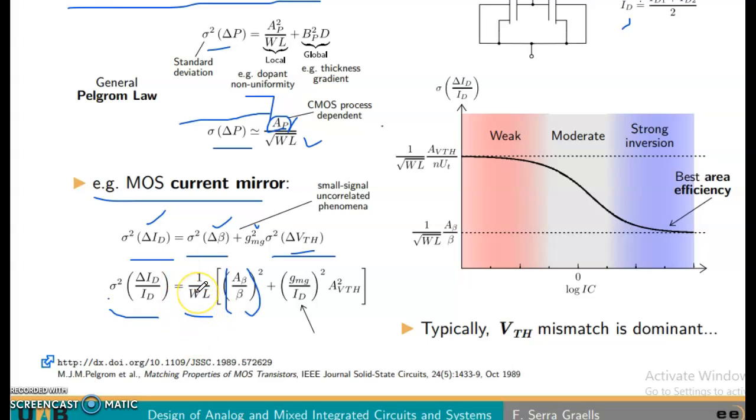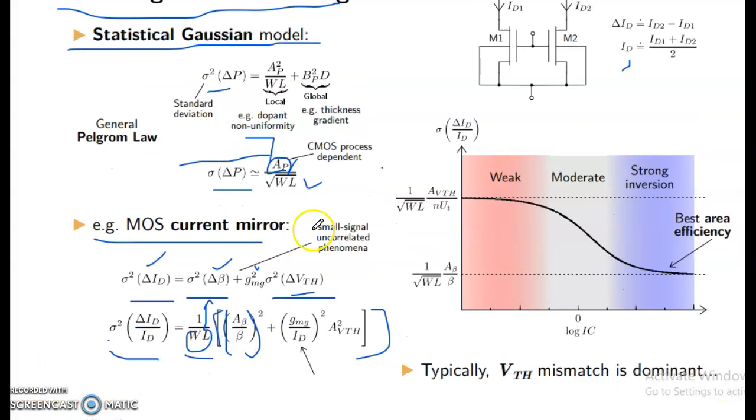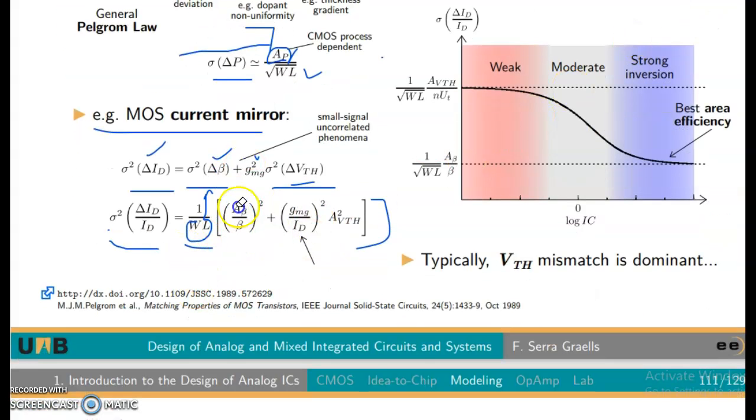Taking this common factor, 1 by WL, then multiply with the whole: A_beta divided by beta, squared, plus g_m divided by I_D, squared, multiplied by A squared V_TH.